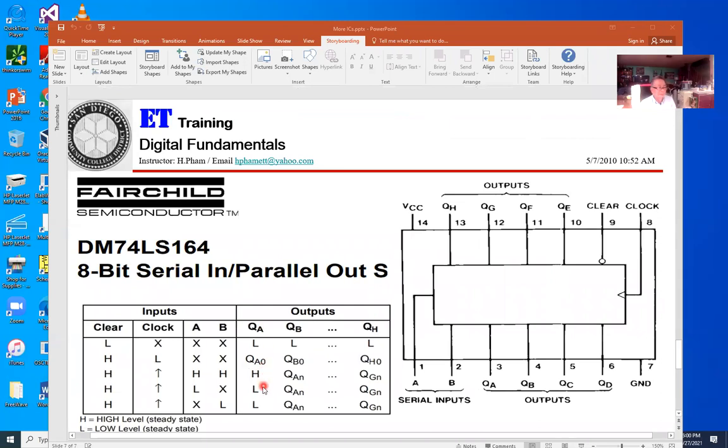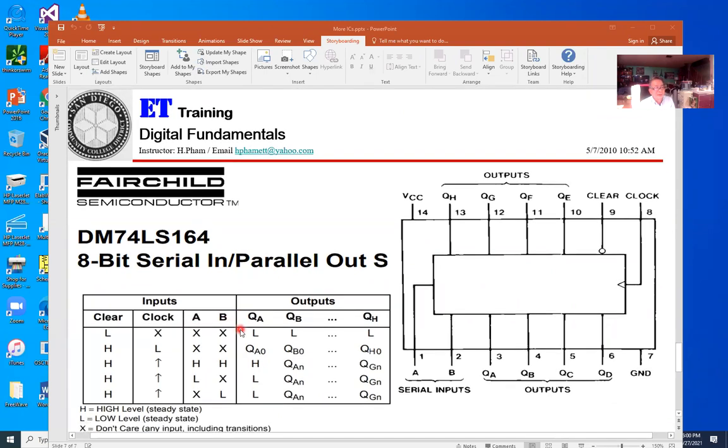Okay, now the next one, 164. 8-bit serial in, parallel out. Now you understand the data transfer from one place to the other. They must be serial.